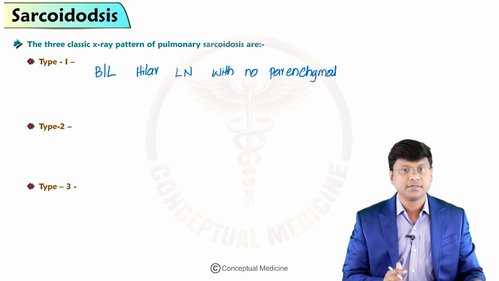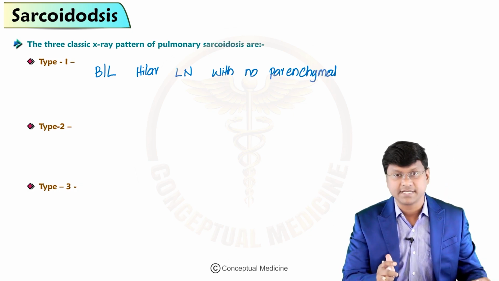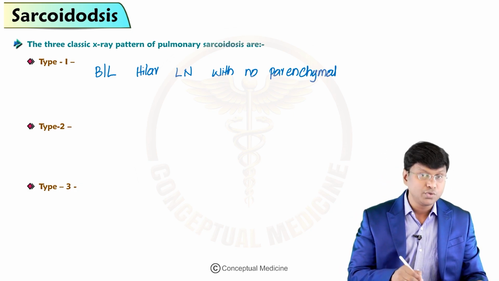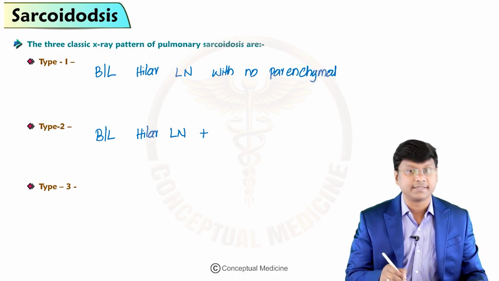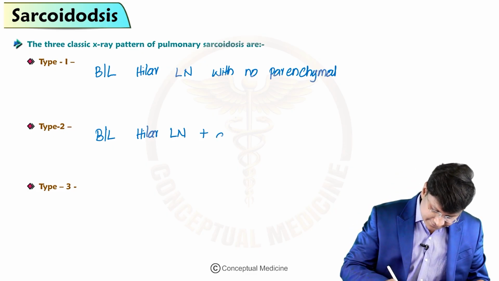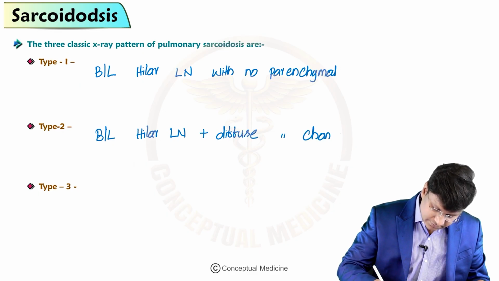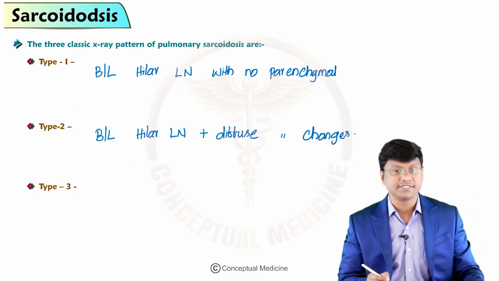That is your type 1 form of pulmonary sarcoidosis. Whereas in type 2, you have bilateral hilar lymphadenopathy, and along with that, the individual will also have diffuse parenchymal changes.